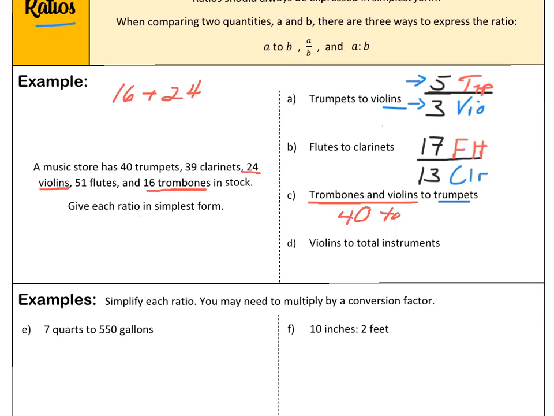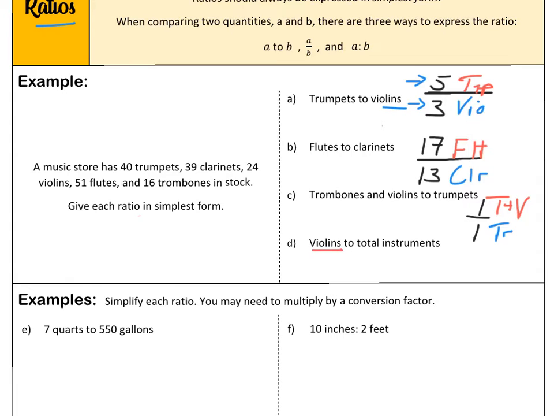Going back to my list, for trumpets, we have 40. This one will obviously reduce down. I can divide both of them by 40, which is going to leave me a 1 to 1 ratio. And then when I add my units, trombones and violins, and then the second part of my ratio is just trumpets.